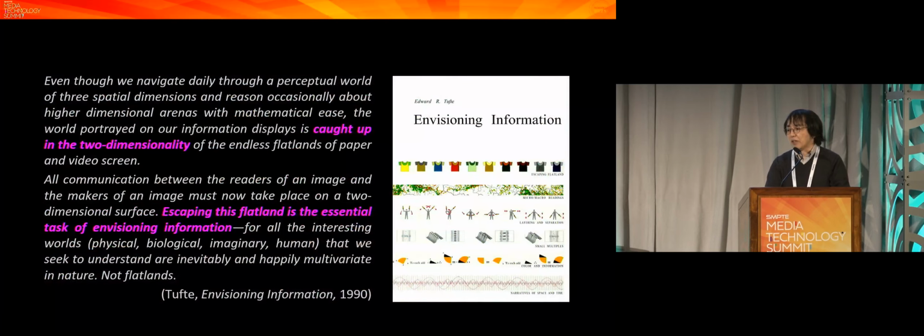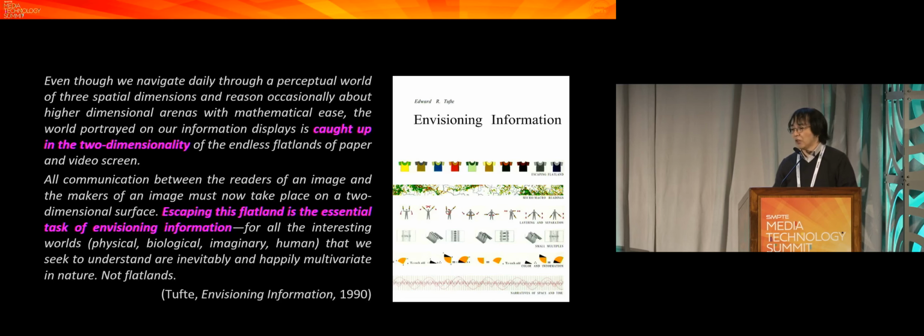Even though we navigate daily through a perceptual world of three spatial dimensions and reason occasionally about higher dimensional arenas with mathematical ease, the world portrayed on our information displays is caught up in the two-dimensionality of the endless flatland of paper and video screen. All communications between the readers of the image and makers of the image must now take place on these two-dimensional surfaces. Escaping this flatland is the essential task of envisioning information.